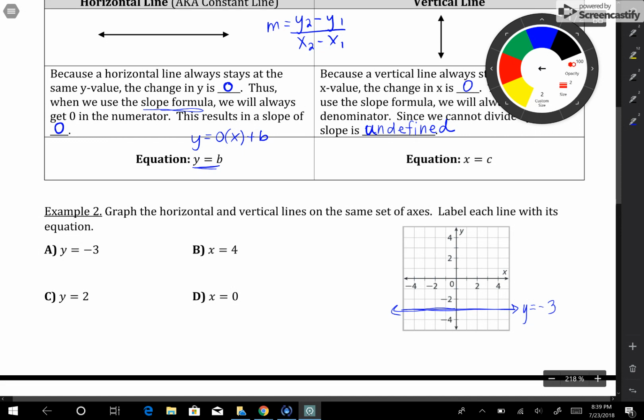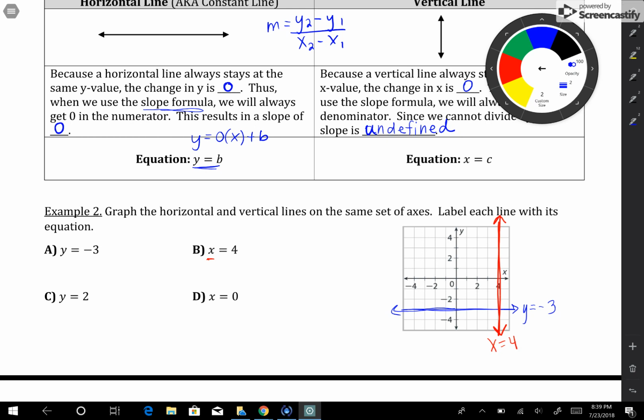If you look at B, we have x equals. That's a big hint. That's a vertical line at the x value of 4. So we go to the x value of 4. We draw that, and there we have x equals 4. If we look at C, we have y equals 2. That is another slope-intercept form with a slope of 0.